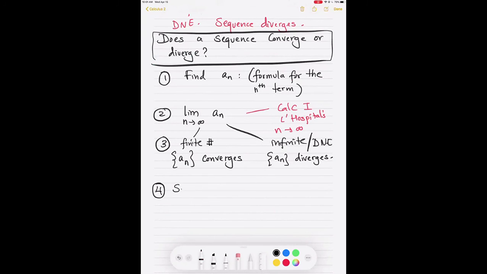So the geometric sequence, the sequence r to the n, is convergent if -1 is less than r, is less than or equal to 1, and it diverges for all other values of r.